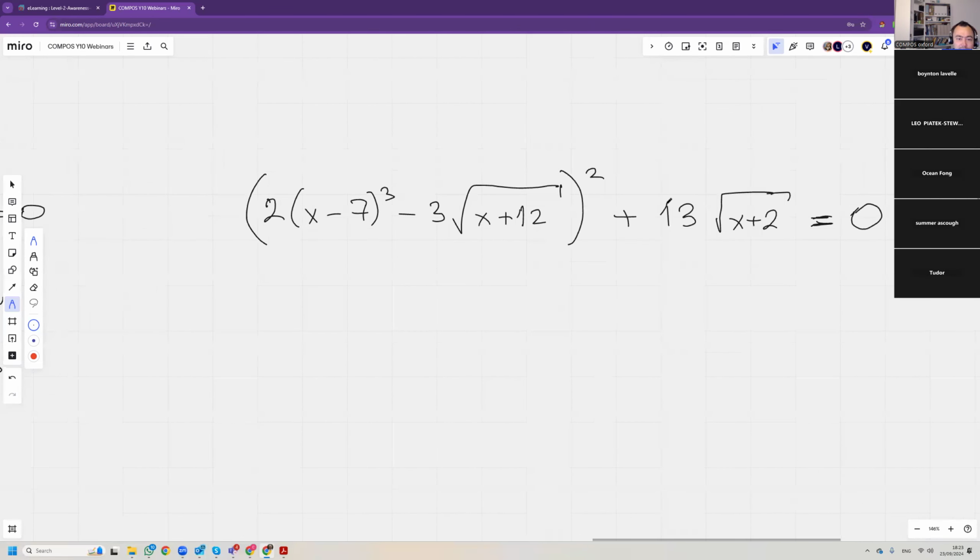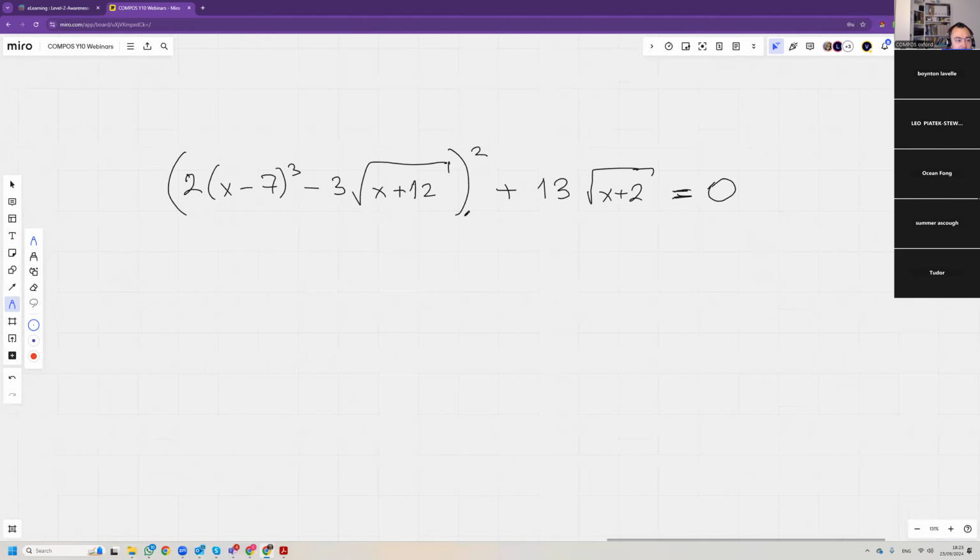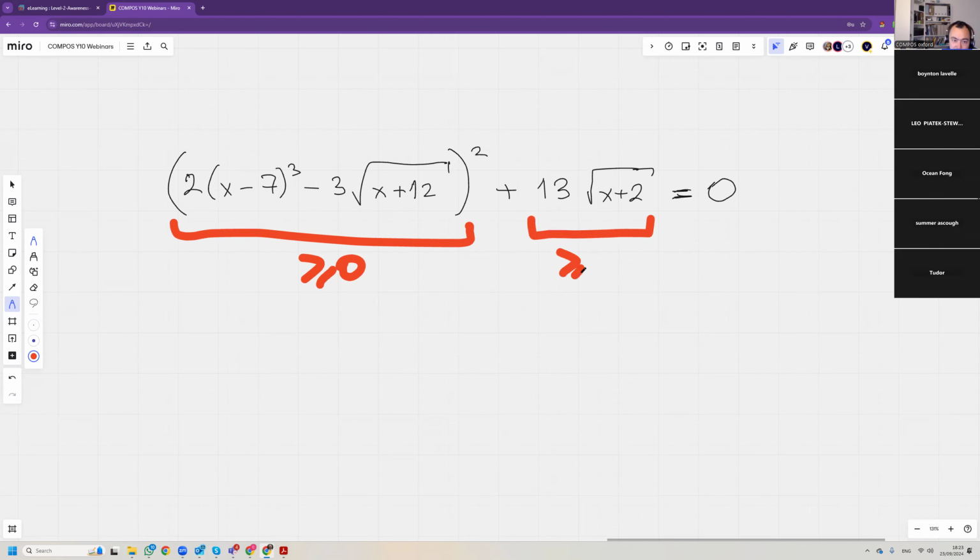And same thing here. If you look at this, it is squared, so this is greater or equal 0. And this is greater or equal 0. Okay, I haven't considered the case when it is equal to 0. Okay, that's not what I wanted to do.